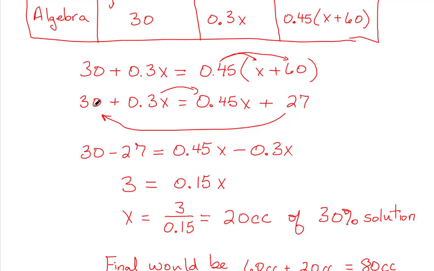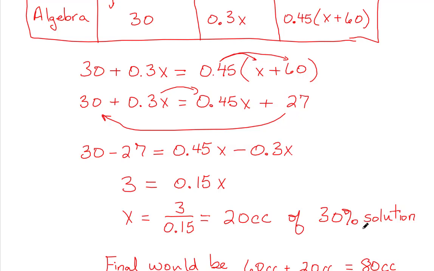So 30 minus that 27 is 3. 0.45 minus 0.3 is 0.15. And so I divide 3 by 0.15 and I get 20. So what is that? That's 20 cc's of the 30% solution.